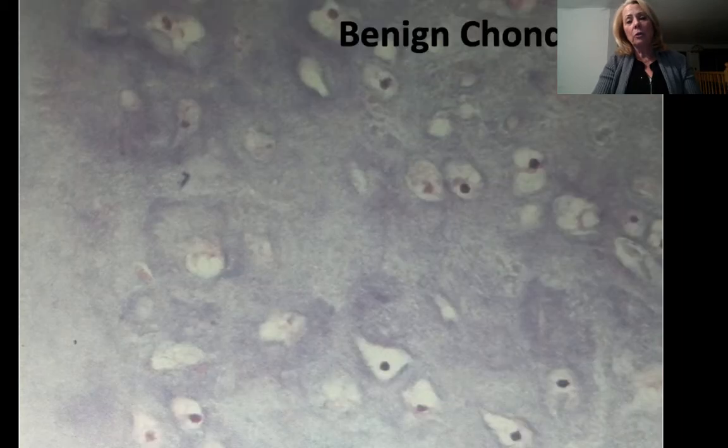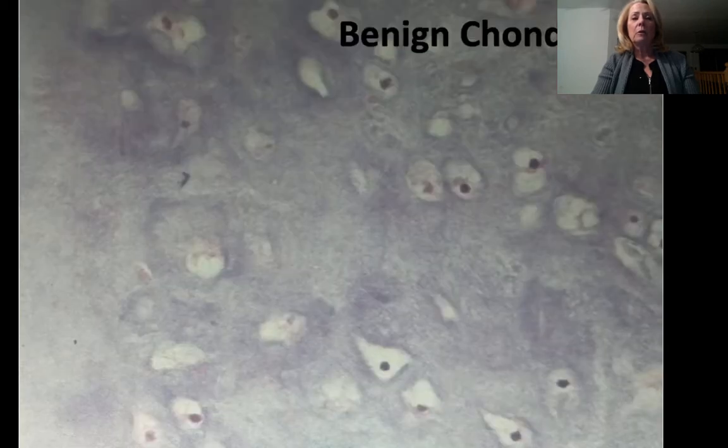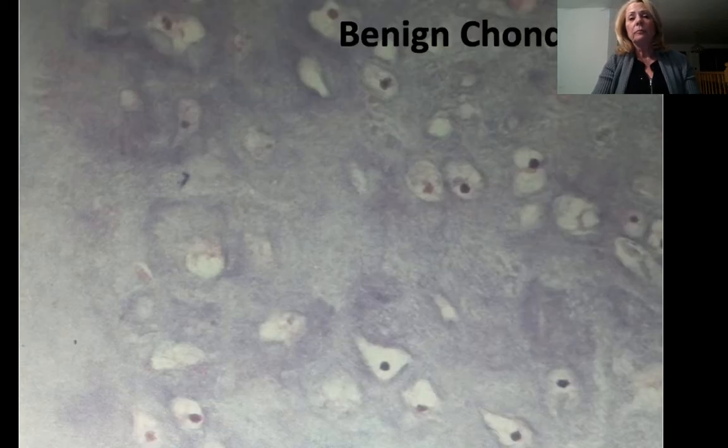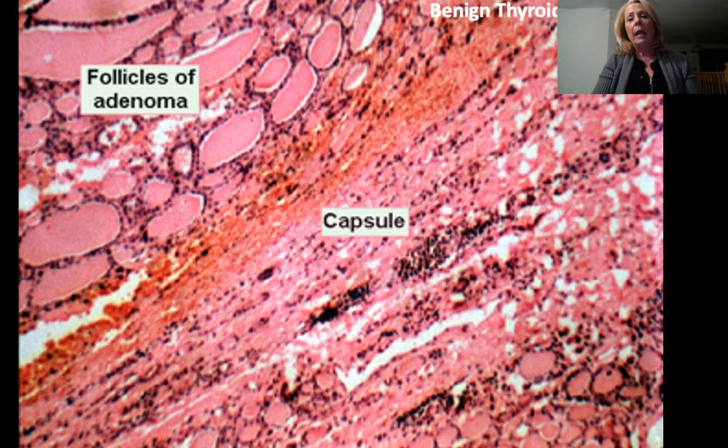Normal cartilage and benign cartilage. So you can see the difference in the cells and in the connective tissue, or I should say cartilaginous tissue. And so we call this a benign chondroma. Normal thyroid tissue and a benign thyroid adenoma.